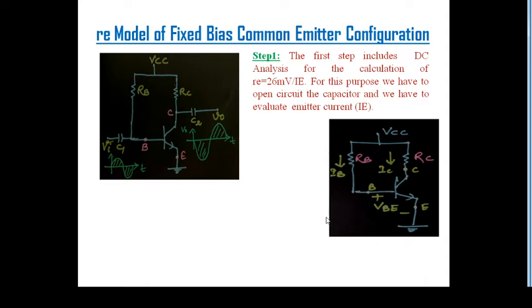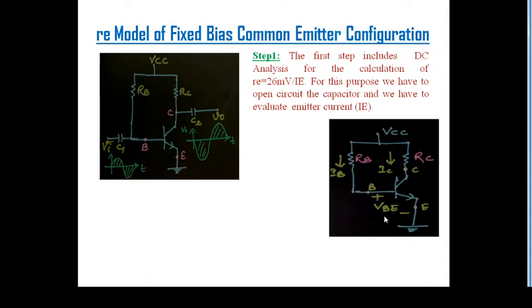Now, because our aim is to find the emitter current first, in the re model we have to find the DC emitter current, so we go for the DC analysis.